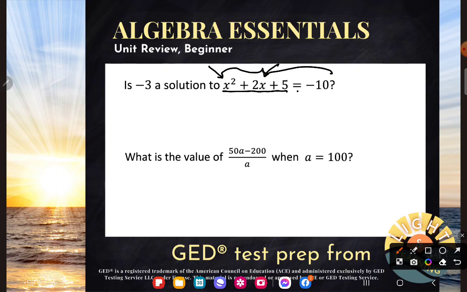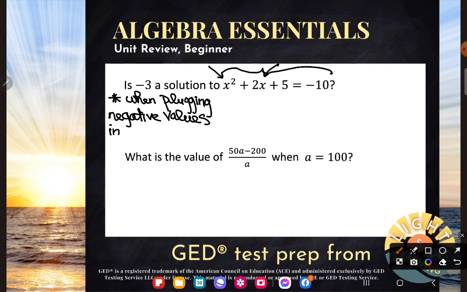Now, I need you to be super duper careful and remember the most important thing about substitution, the thing that students forget, and so the GED knows you forget it, always puts this style of problem in here, tries to trick you, and that is when plugging negative values, so -3 is a negative number, into exponential expressions, I just mean exponents, guys, you must, I can't even say must enough times, use parentheses around the negative numbers.